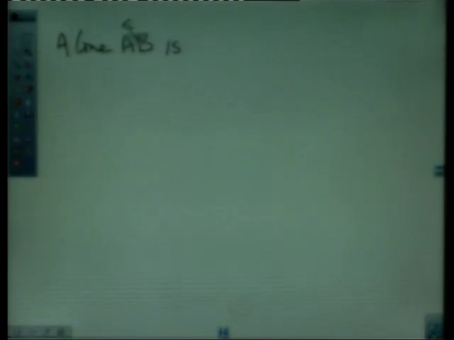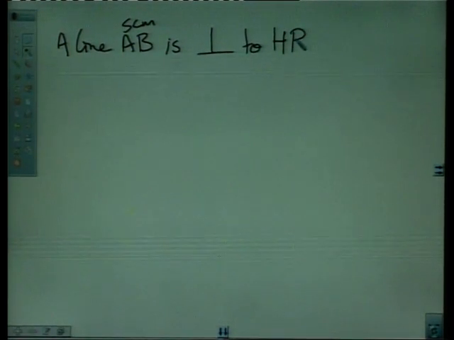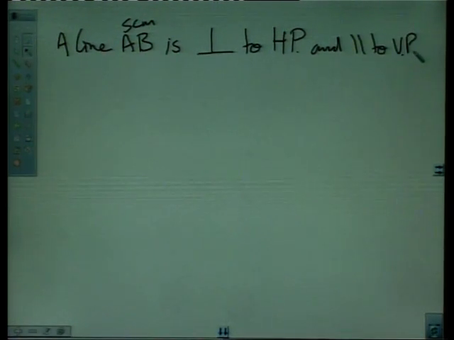Say a line AB is, say again 5 centimeter long, is perpendicular (this is the symbol of perpendicular) to horizontal plane HP and parallel to vertical plane or VP.